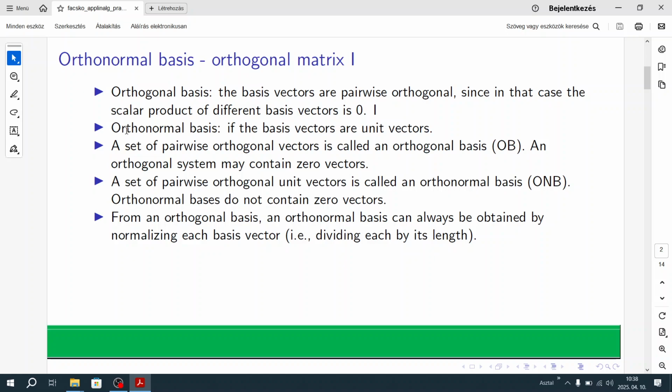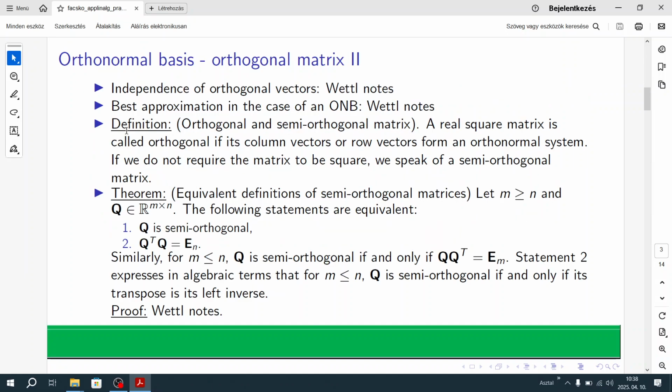Then when you have three unit length basis vectors that are orthogonal, that is an orthonormal basis. And the shortcuts are OB and ONB. Yes. Okay. That was the stuff yesterday.